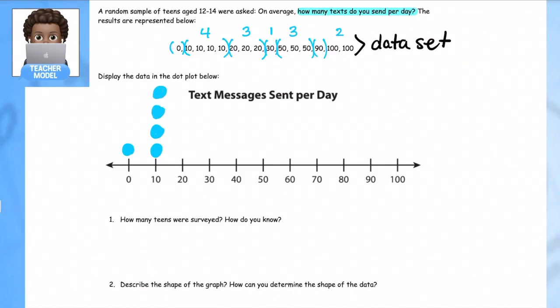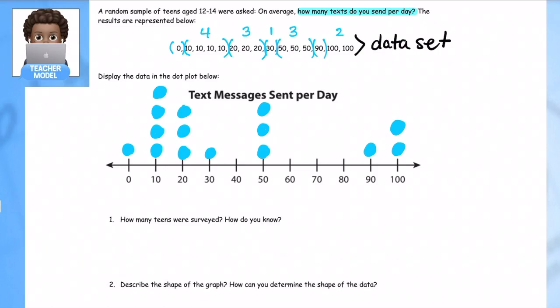So I'm reducing the back and forth. 3 people said 20. 1 said 30. 3 said 50. 1 said 90. And 2 people said 100.